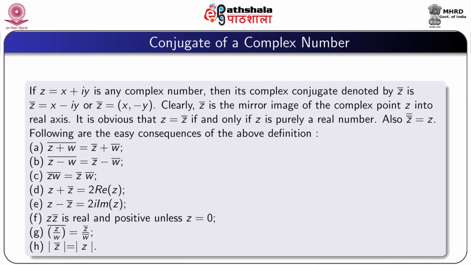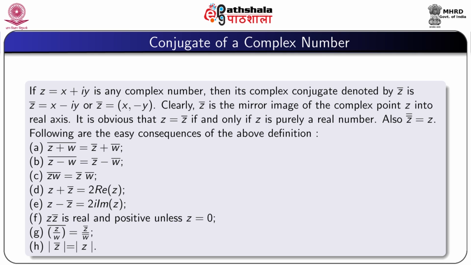So, now we define conjugate of a complex number. If z equal to x plus i y is any complex number, then its complex conjugate, denoted by z bar, is z bar equal to x minus i y, that is, z bar equal to the ordered pair (x, minus y).